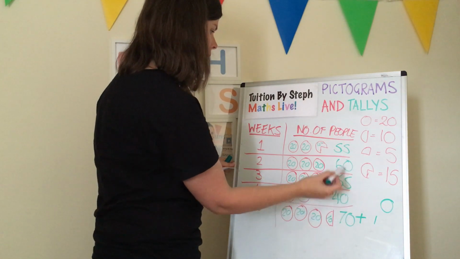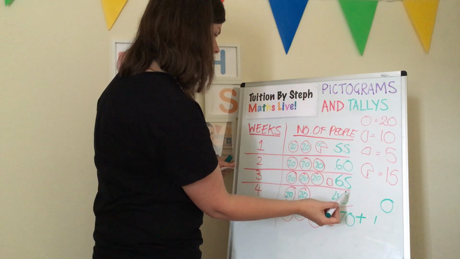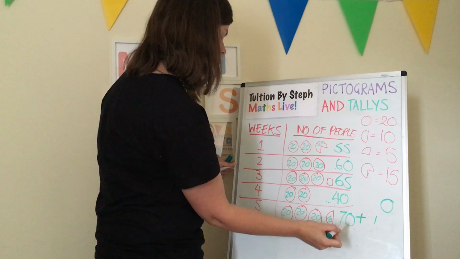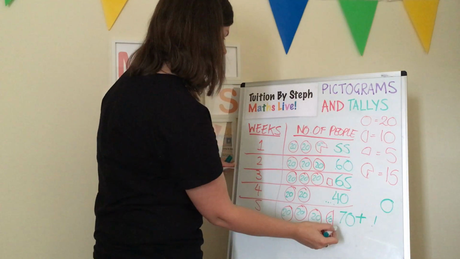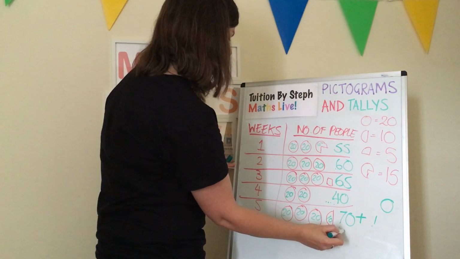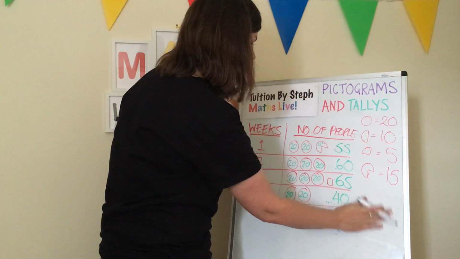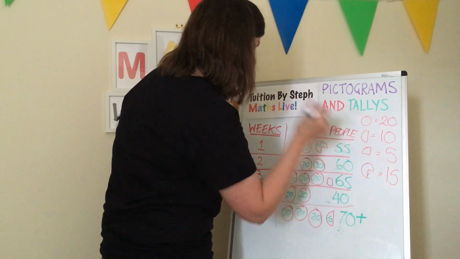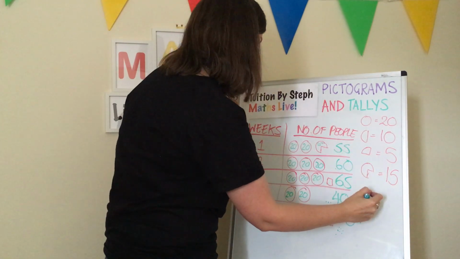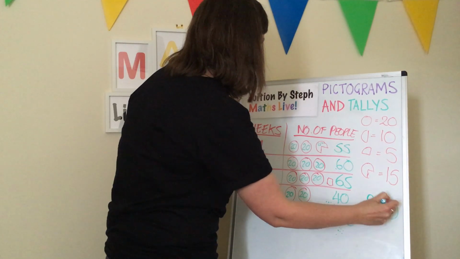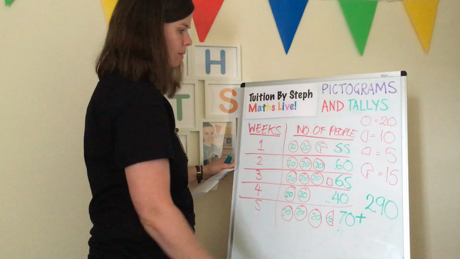So we've got 11, 17, 18, 19, 20, 21, 22, 23, 24, 25, 26, 27, 28, 29. So that is 290. I'm going to check that again.